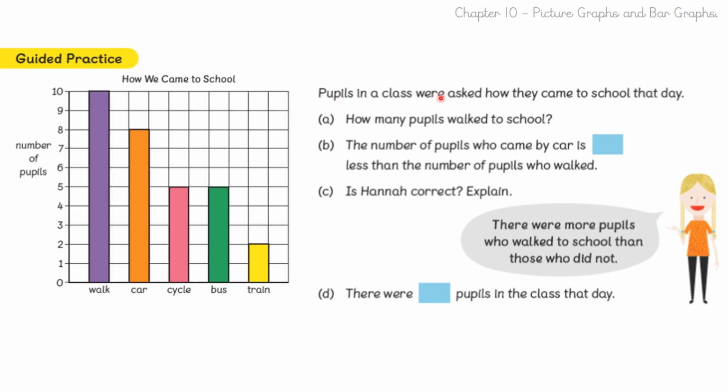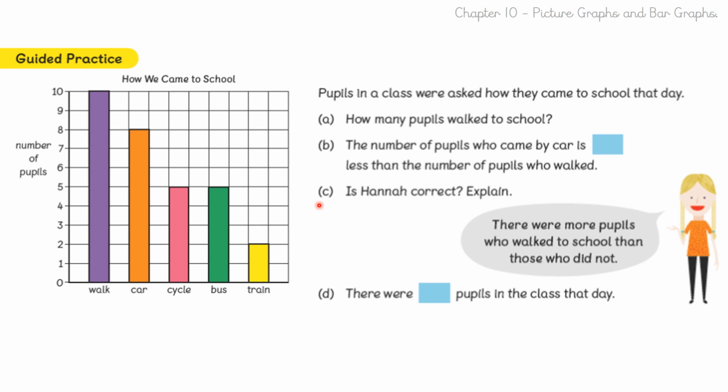Pupils in a class were asked how they came to school that day. A. How many pupils walked to school? So you need to look at the bar graph and the scale and see how many pupils walked to school. B. The number of pupils who came by car is something less than the number of pupils who walked. So you will need to find the difference. C. Is Hannah correct?